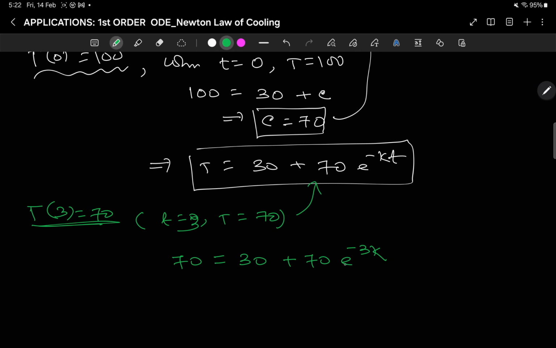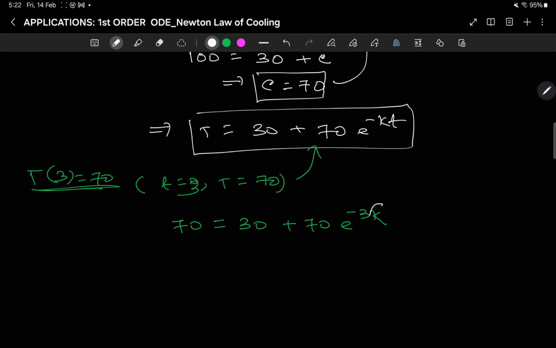Let us simplify to get the value of k. Bringing this to this side, 40 is equal to 70 e to the power minus 3k. So this implies e to the power minus 3k is 4 by 7.